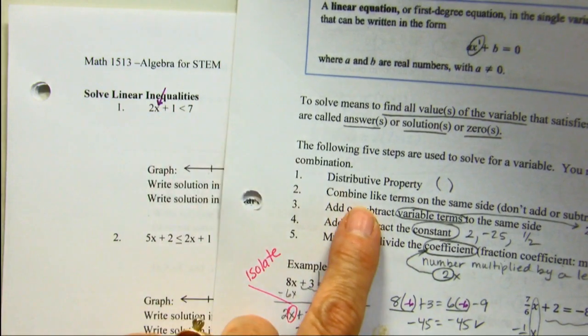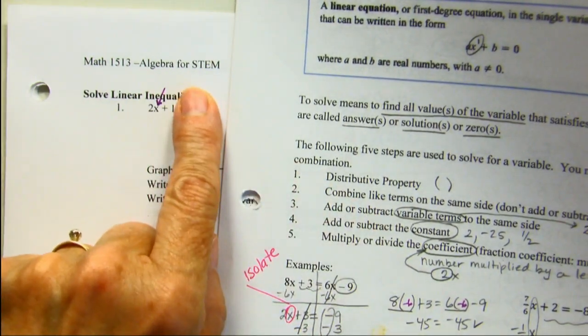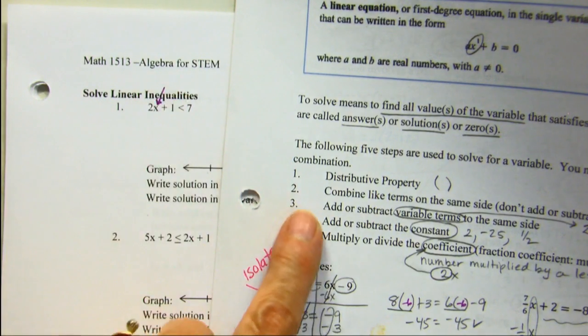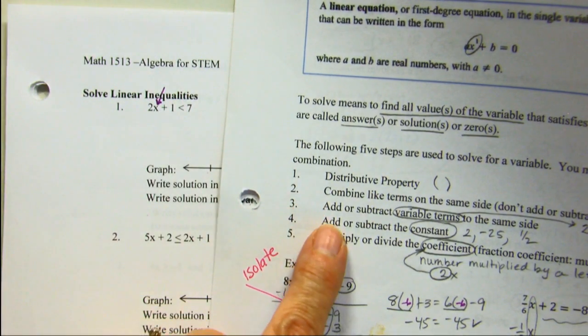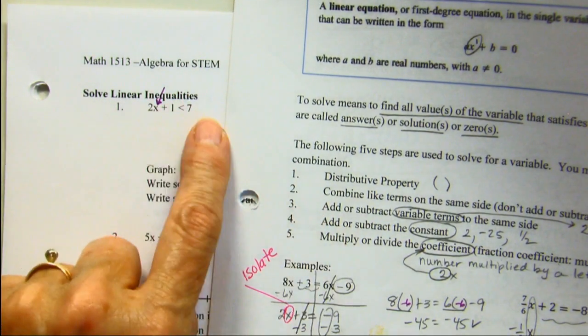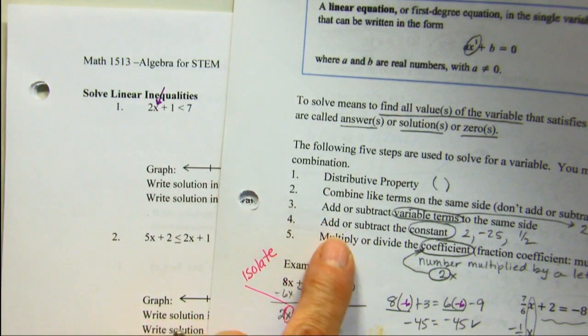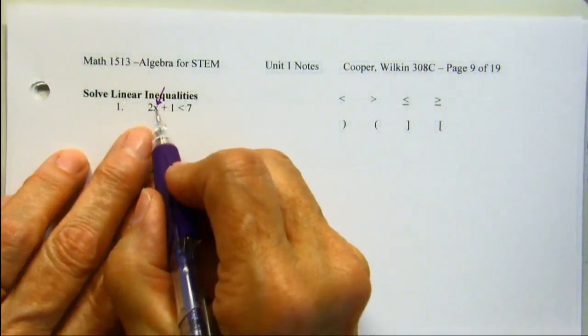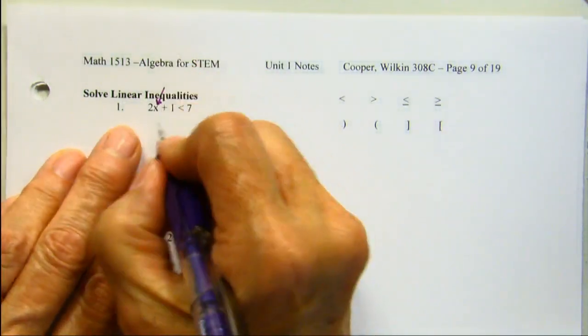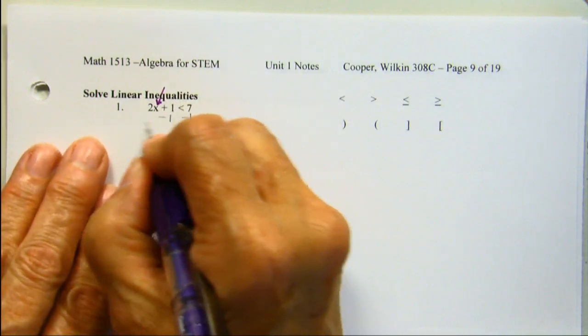Okay, like terms, I don't have like terms on the left or the right, skip step 2. I don't have an X on both sides, so I skip step 3. Add or subtract the constant. Okay, I'm trying to get the X alone, so I'm going to subtract the 1 from both sides.